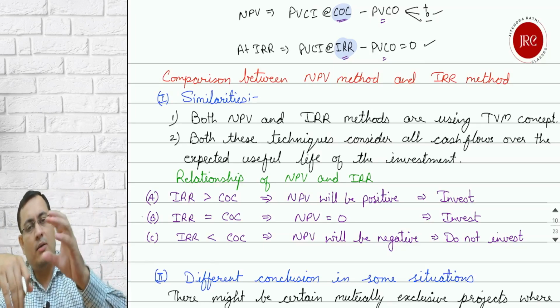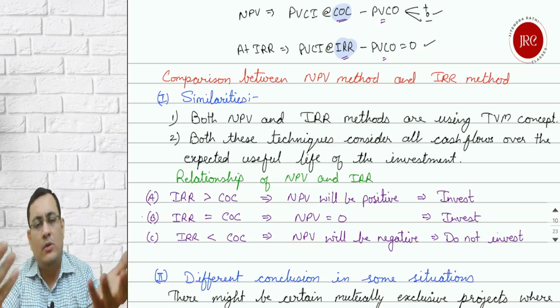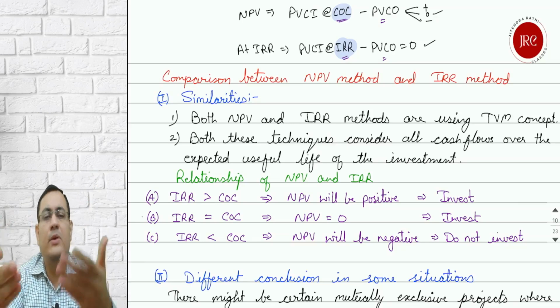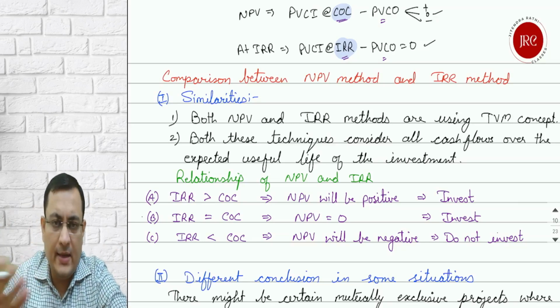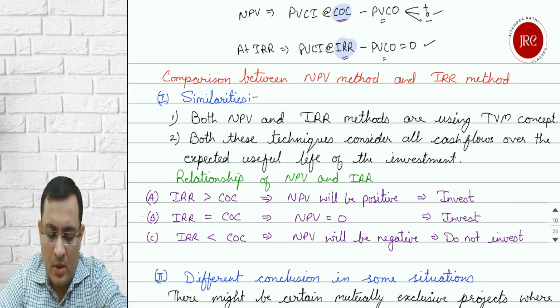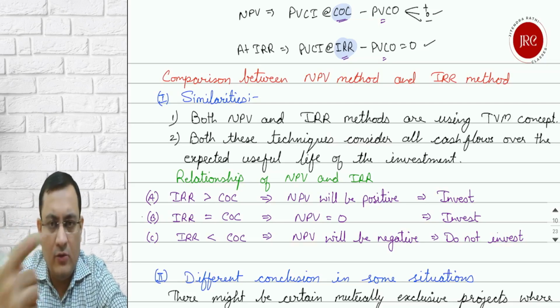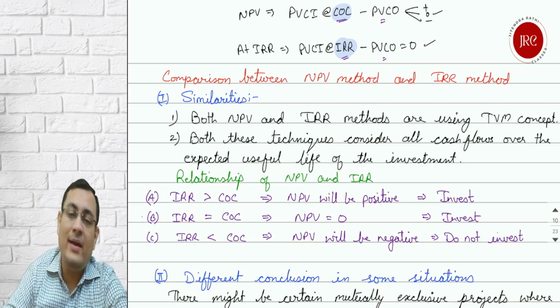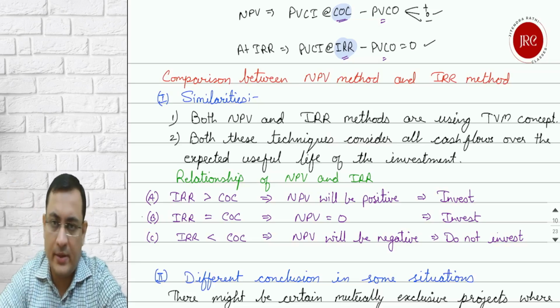So when you are discounting all future cash inflows at IRR, the summation equals PVCO, and when you compare with PVCO, it gives a zero net value. These are the conditions we have already done. So two similarities: both are considering the time value of money, and both are considering the entire cash flow stream over the complete life of the project.